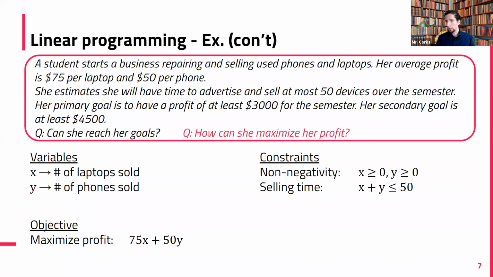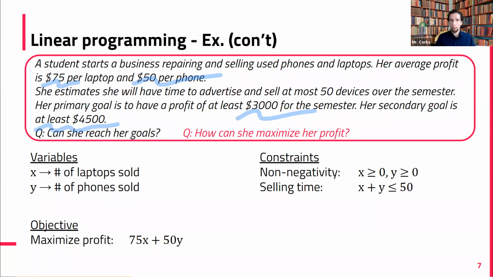Let's go on with today's material. So last time we looked at this problem with the students selling laptops and phones, and here's their profit for laptops, profit for phones, and they had these two different goals for profit. And what we asked was, how can this person maximize their profit?